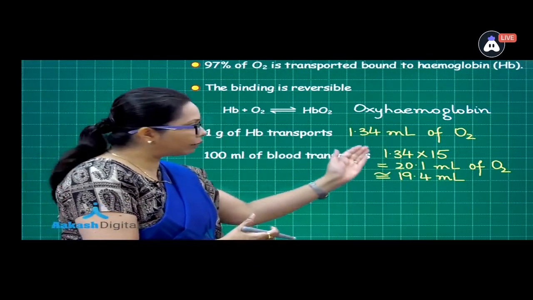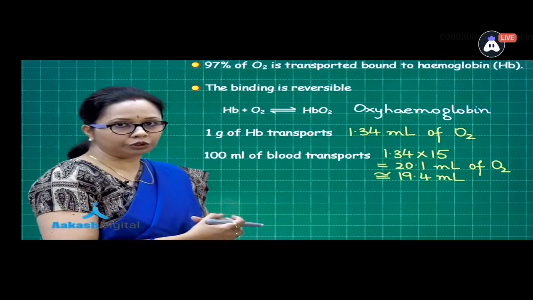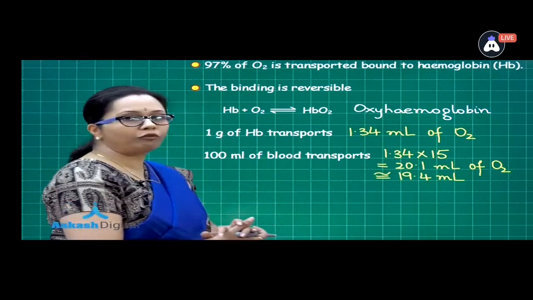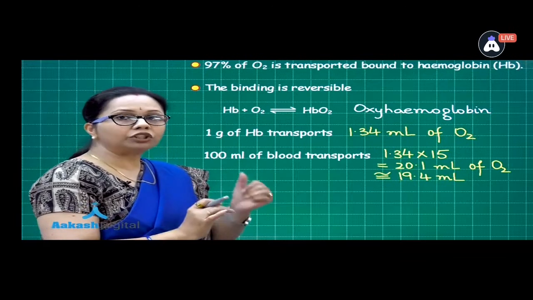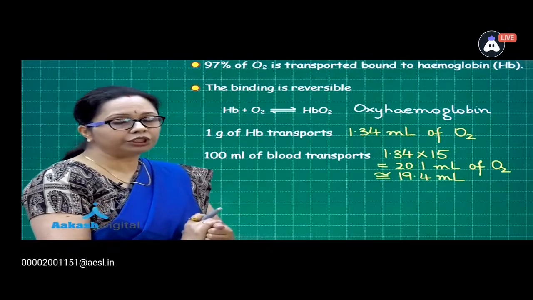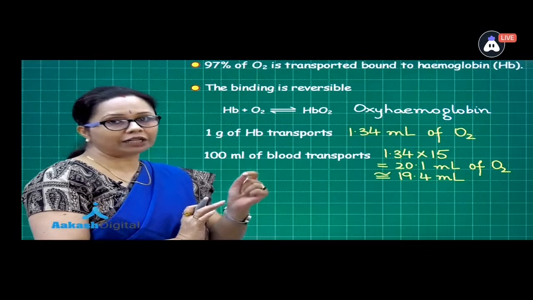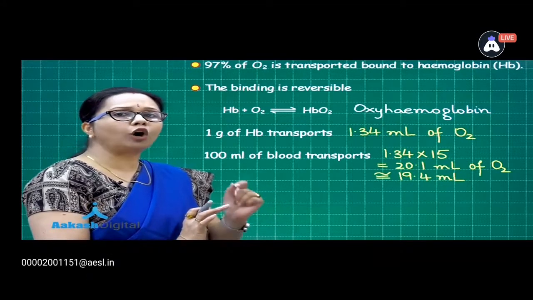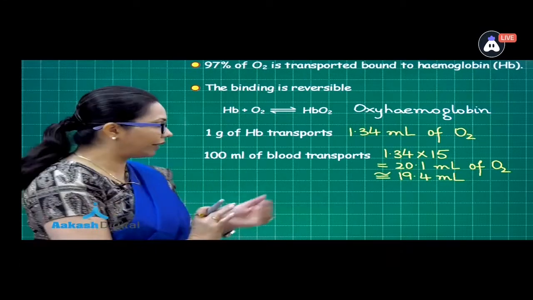Now in the capillaries, some of this oxygen will diffuse into the tissues. So every 100 ml of blood delivers 5 ml of O2 to the tissues if the tissue is at rest. That means it is not highly metabolically active at that time.